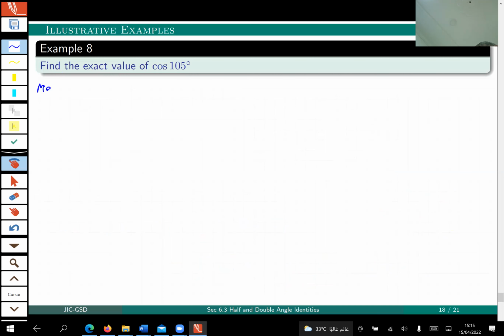If we use method 1, which is the sum of angle identities, I would write cosine 105 as cosine of 60 plus 45, which means cosine 60 cosine 45 minus sine 60 sine 45.